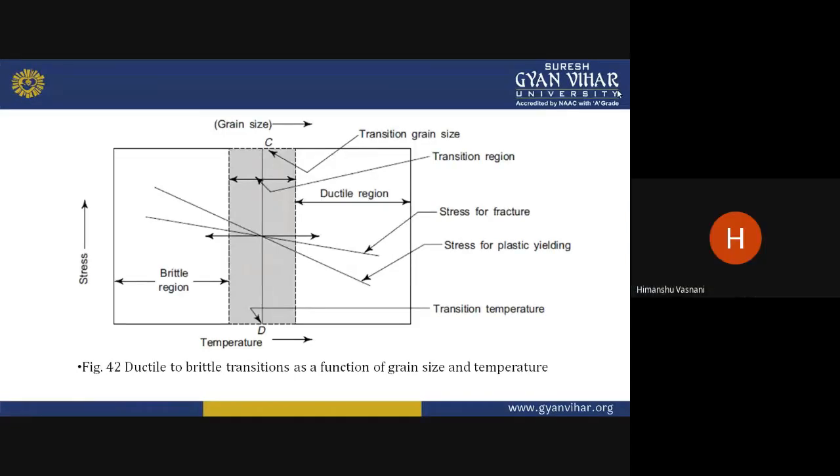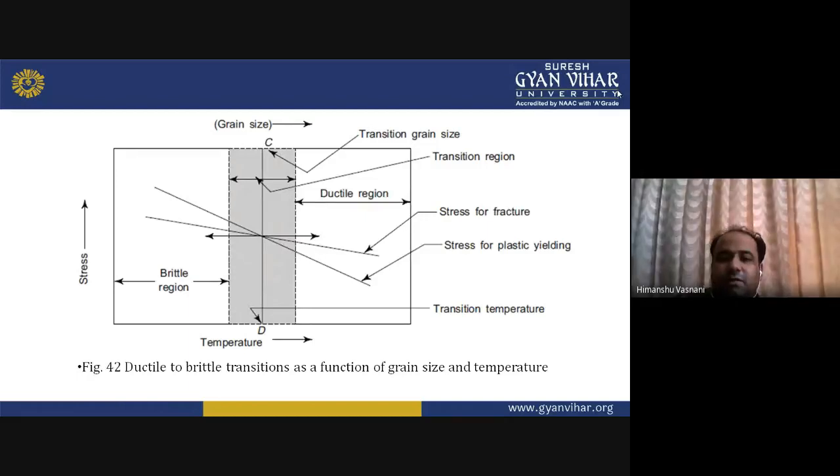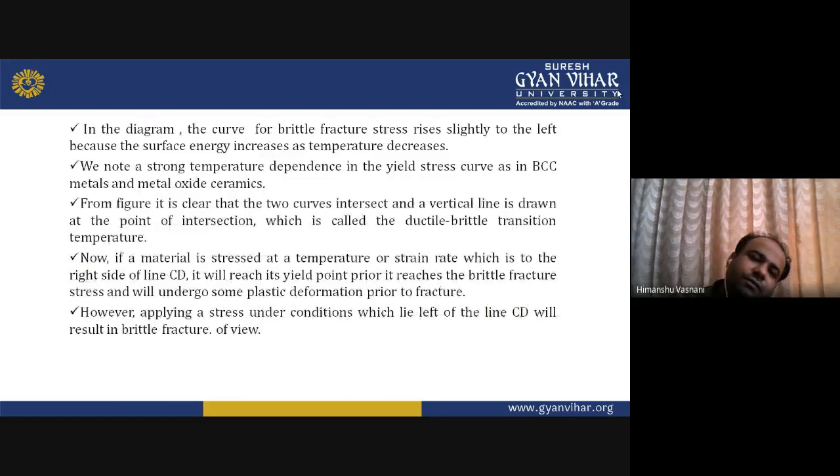Then you can say that there is a stress for fracture or stress for plastic yielding, and you go for the transition temperature. You can easily see how the transitions take place. Now in the diagram, the curve for the brittle fracture stress rises slightly to the left because the surface energy increases with temperature.